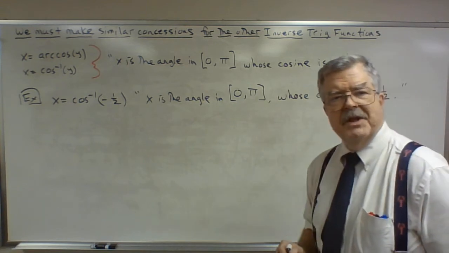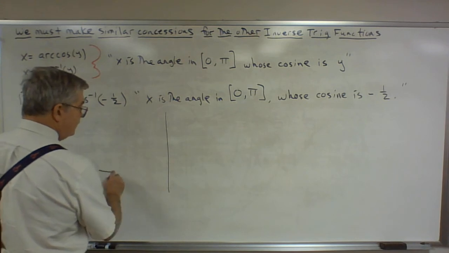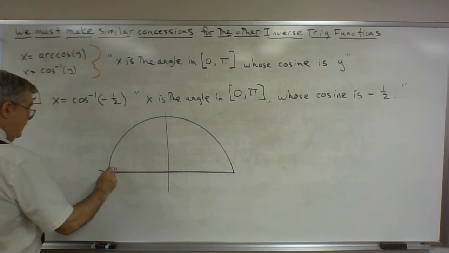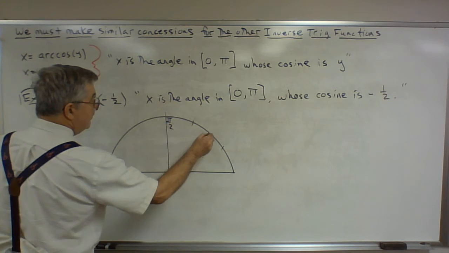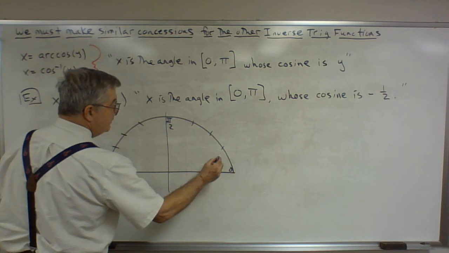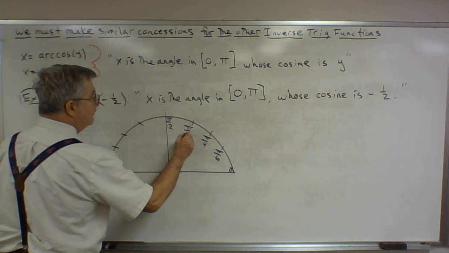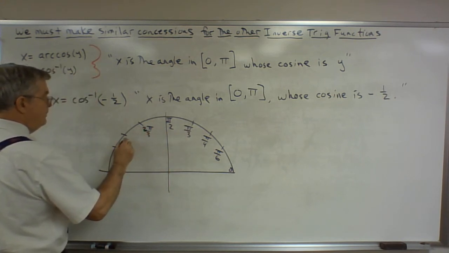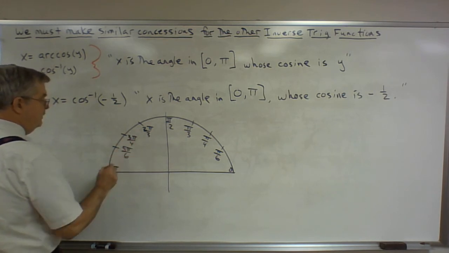Okay. Let's see how well we know our unit circle trig. Here's the top half of the unit circle. Here's the angle pi. Here's pi over 2. We have 0, pi over 6, pi over 4, pi over 3, pi over 2, 2 pi over 3, 3 pi over 4, 5 pi over 6.